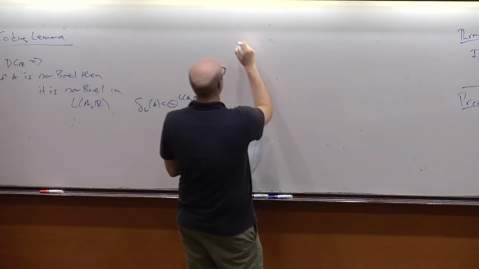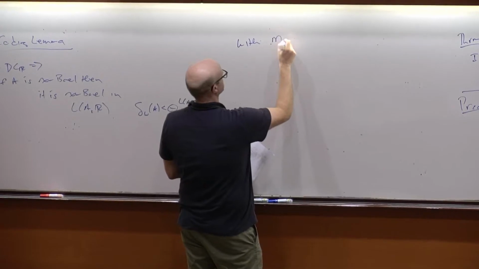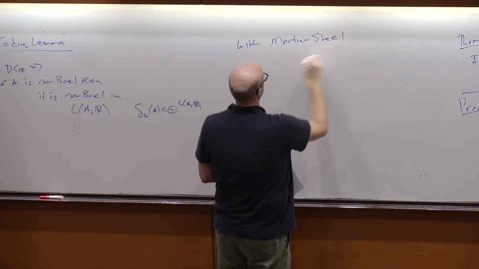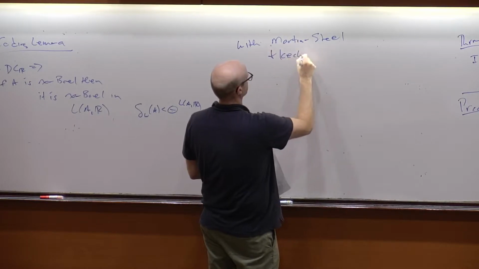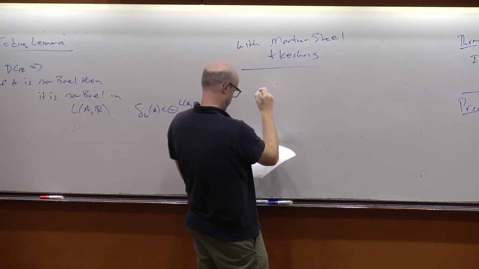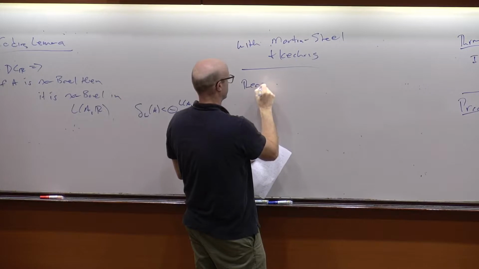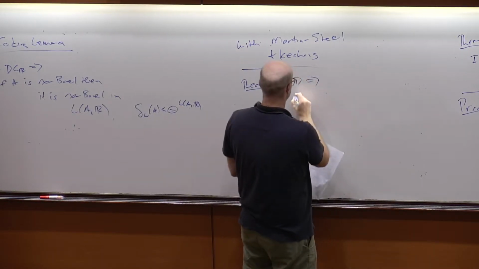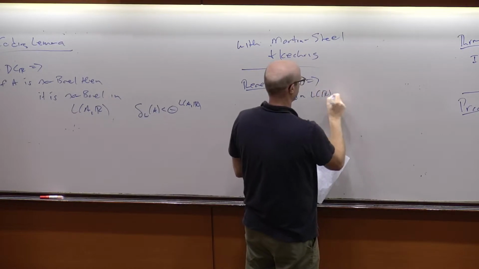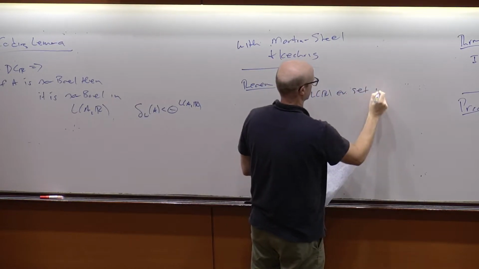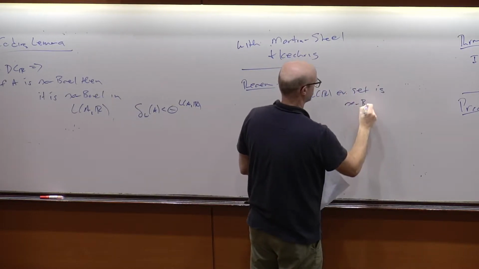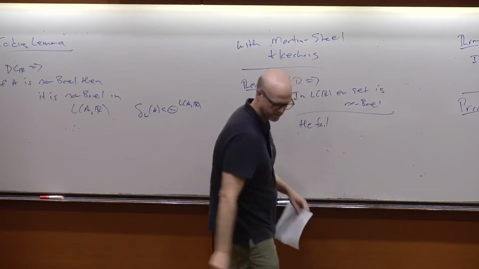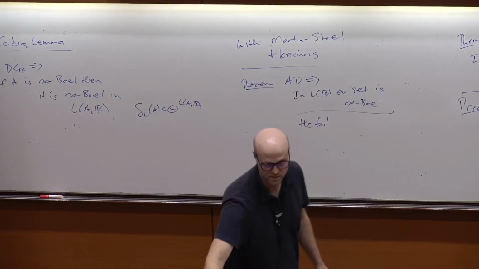And with the theorems of Martin-Steel, the sigma 2-1 scale theorem, and Kechris, finally, we get the theorem that AD implies that in L(R), every set is infinity-Borel. The existence of a non-infinity-Borel set is a sigma 2-1 assertion now.